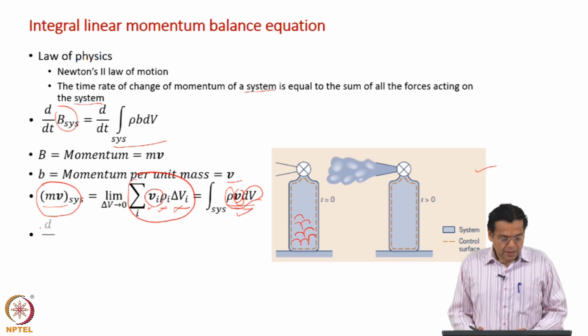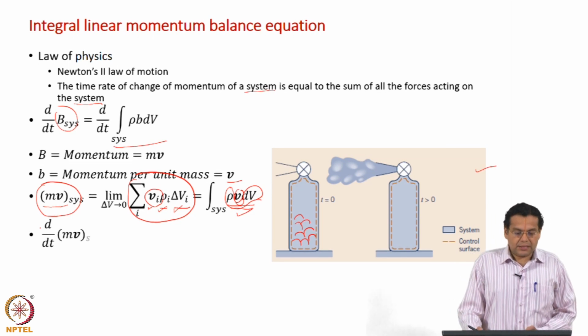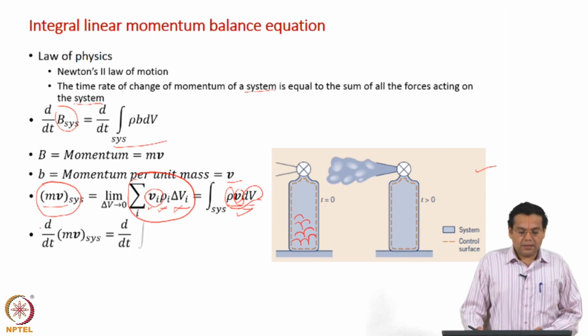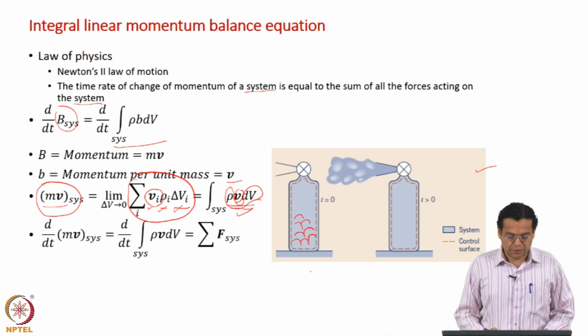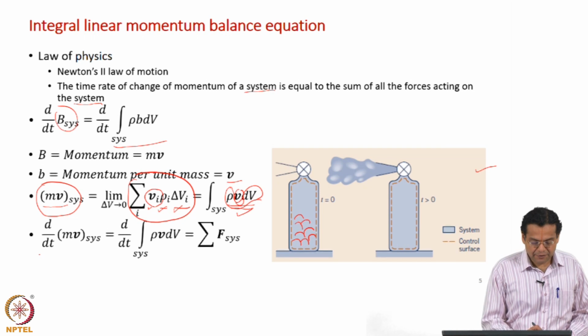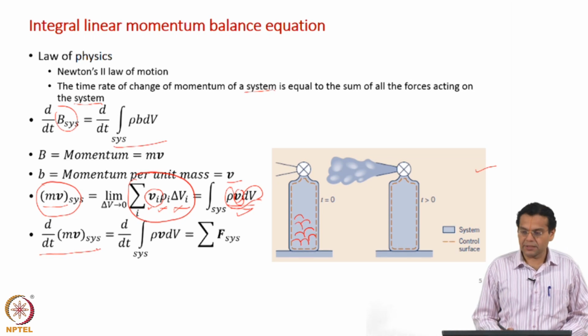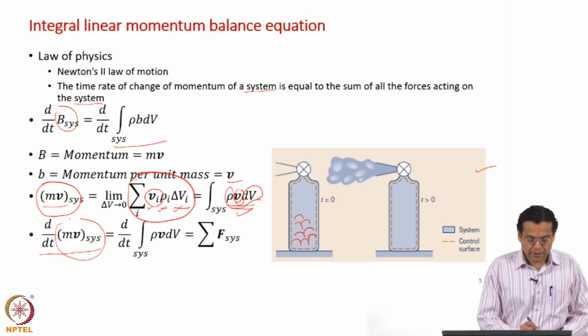So, now let us state the law of physics, Newton's second law of motion for a system made of fluid. On the left hand side we have the rate of change of momentum for the system. As we explained just now, we express this momentum of the system in terms of this integral expression.